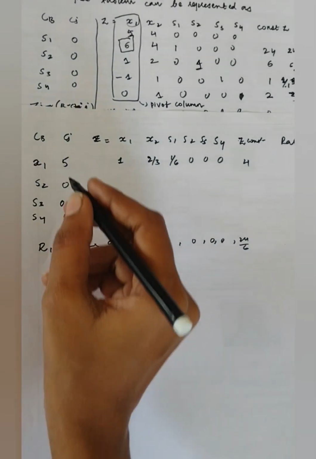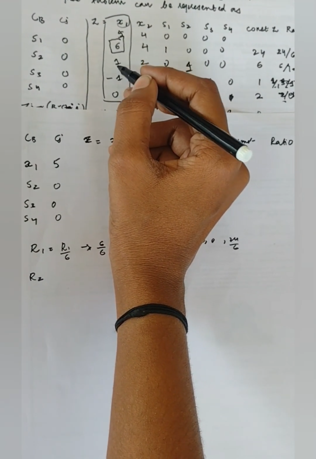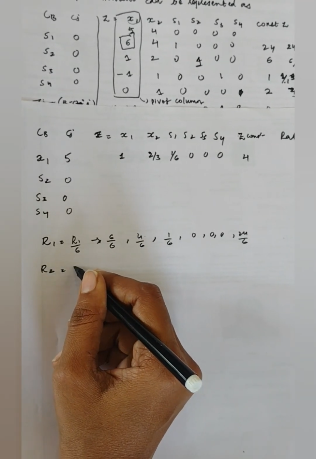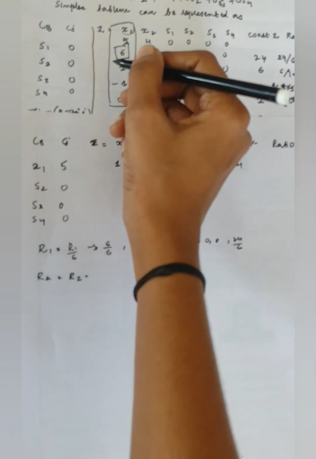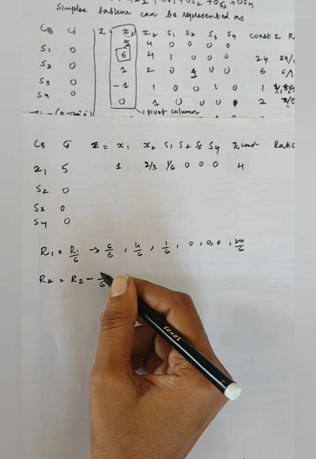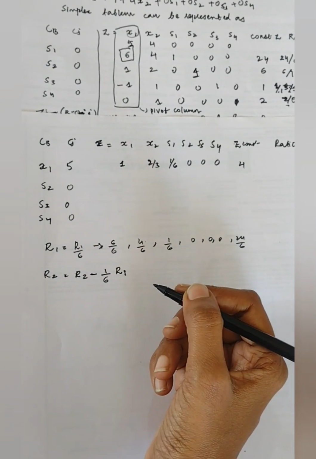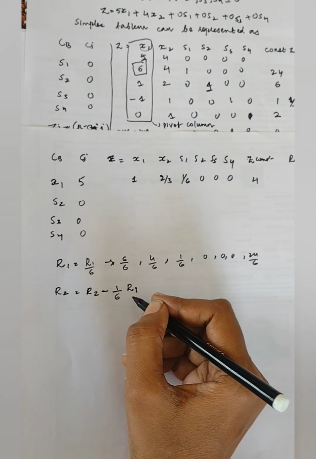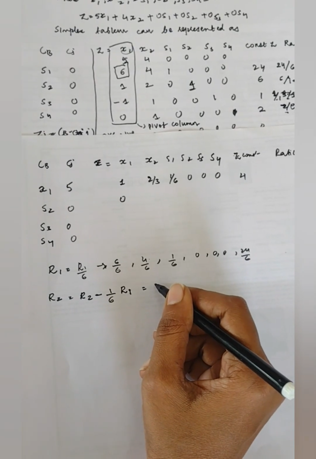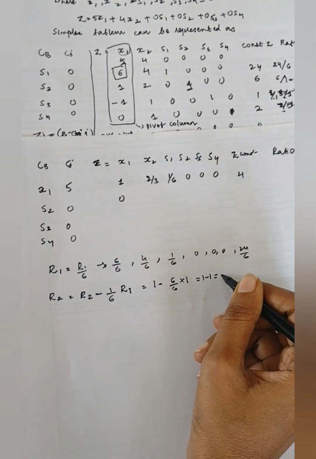Same as usual. To make the x1 column entry in row 2 zero, since 1 has to be replaced by 0, we take R2 minus 1 by 6 into R1, where 1 is the pivot column x1 entry and 6 is the pivot element. So 1 minus 6 by 6 into 1 is 1 minus 1, which is 0.